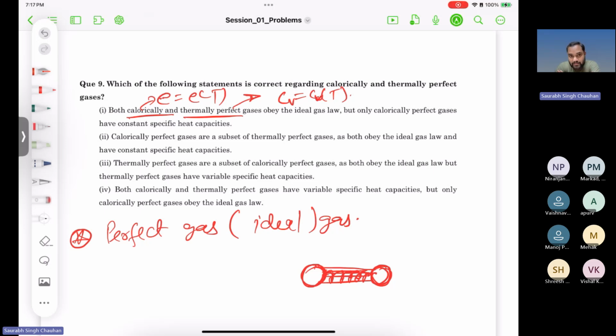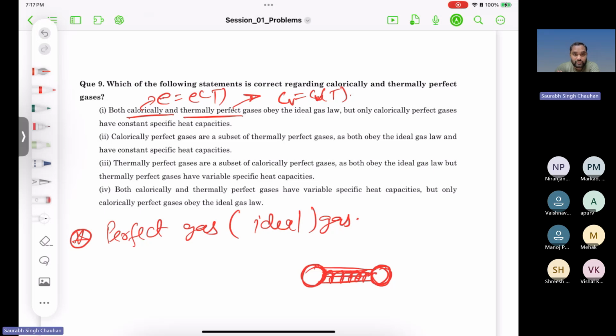At higher temperatures, the specific heat of the thermally perfect gas is a function of temperature. Third option says thermally perfect gases are a subset of calorically perfect gases. This is not correct, right? Because calorically perfect gases have constant specific heat, and thermally perfect gases don't.